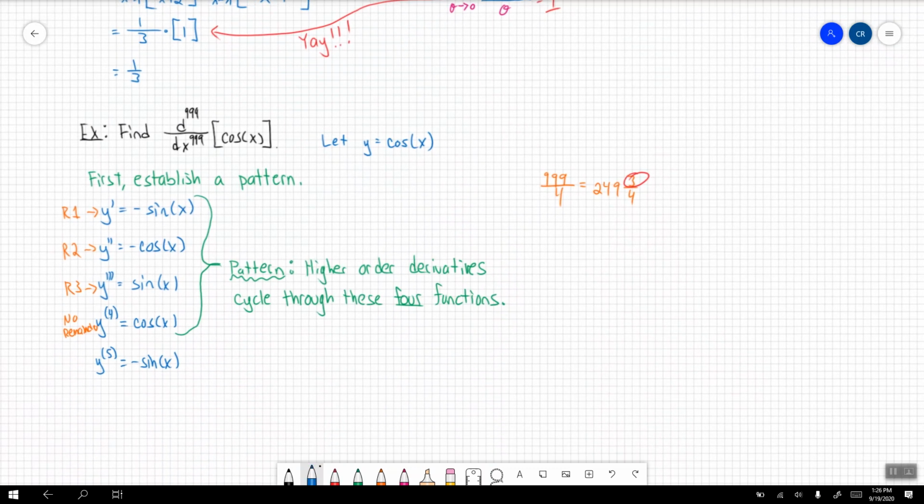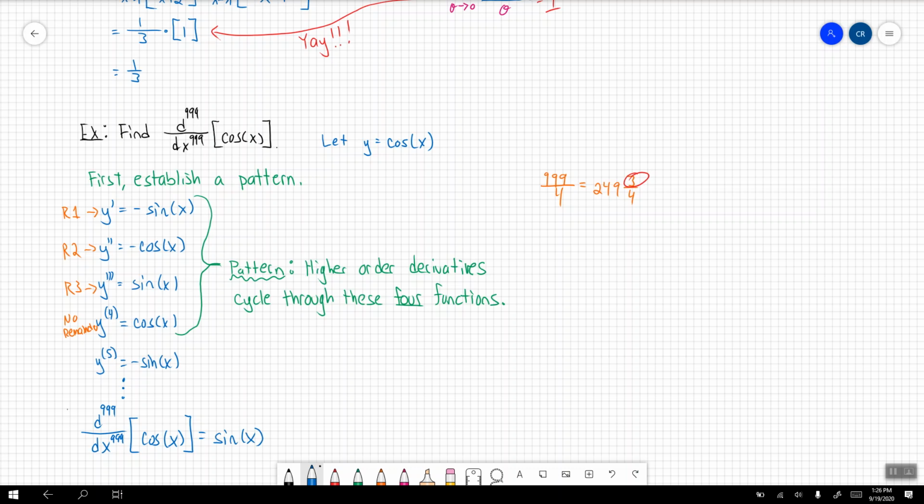So to answer this question, if we keep going and take the 999th derivative of cosine of x, then the answer is going to be that remainder of 3, which is just sine of x.